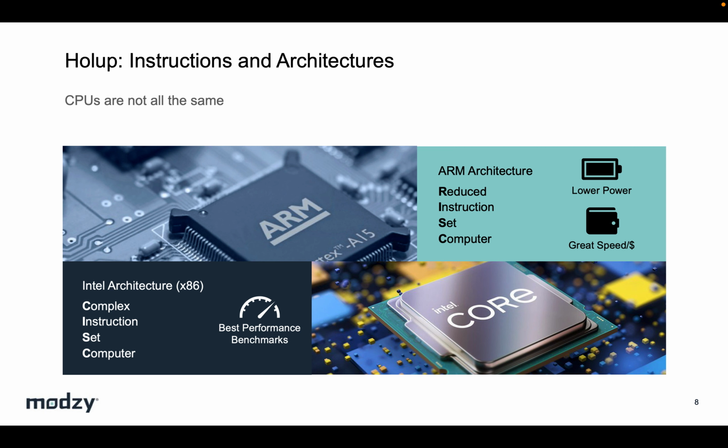But if you're trying to do something that's both performant, low power, and not too expensive, then ARM chips are the way to go. And that's why you tend to see ARM chips used almost ubiquitously in handheld smartphones. When we're trying to get the price of these things down as low as possible for the average consumer, you want to use the cheapest but still performant chip you can get.